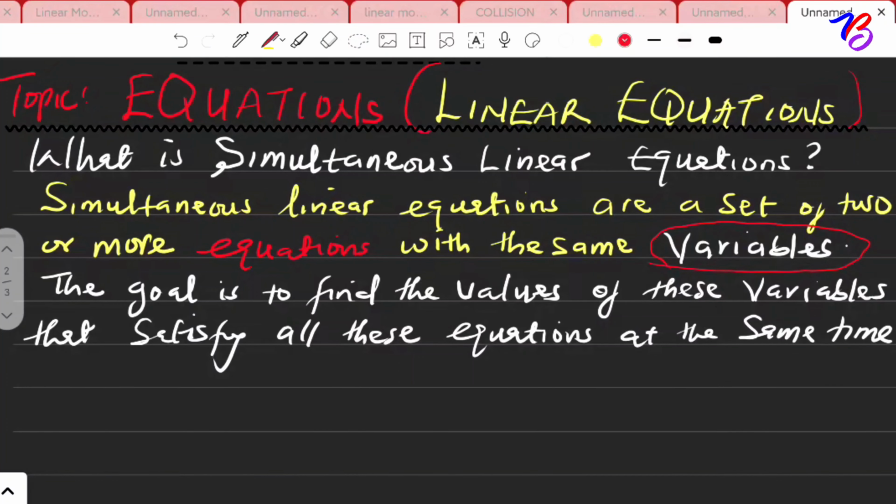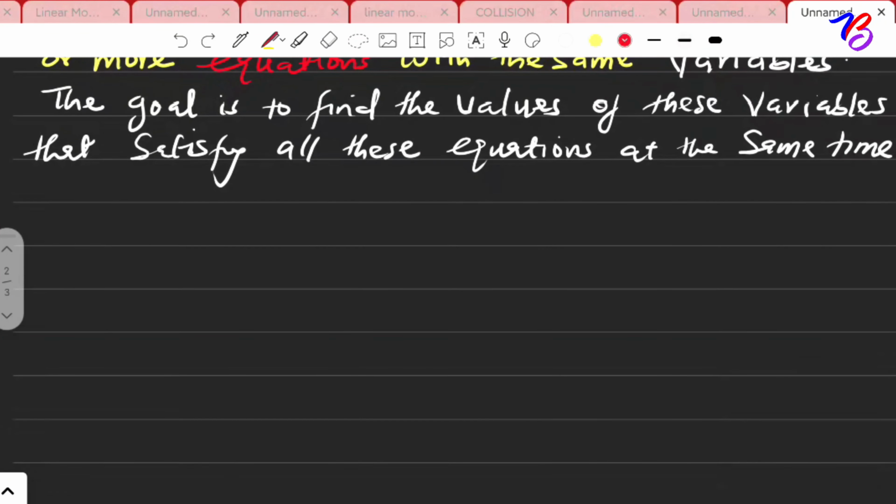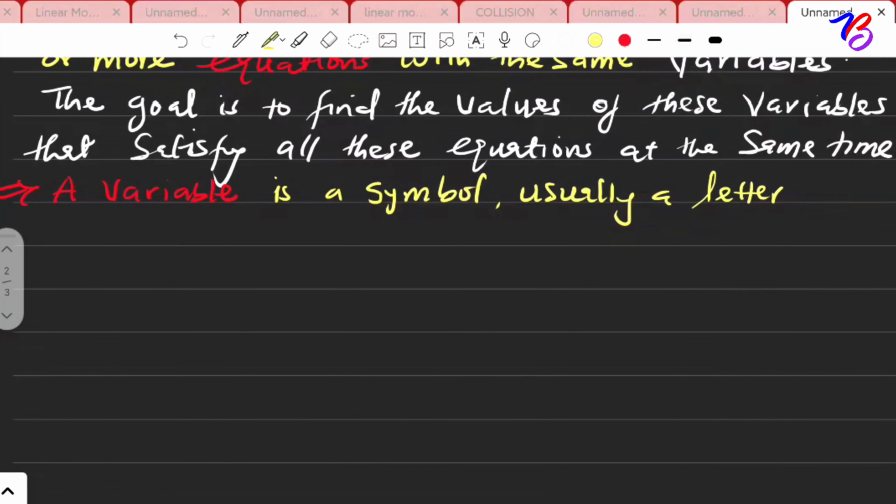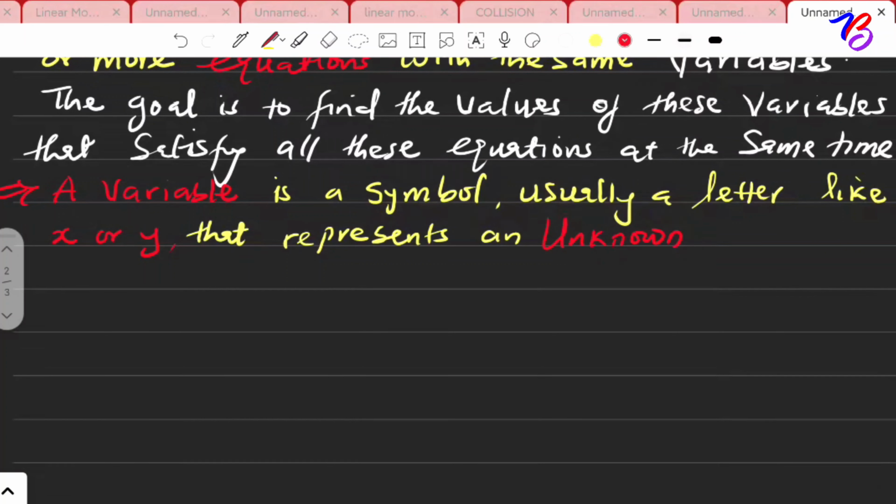For better understanding, what is a variable, or what are variables? A variable is a symbol, usually a letter like X or Y. You've come across this before. It represents an unknown value.